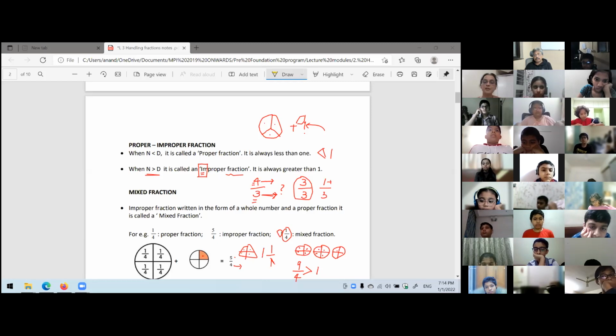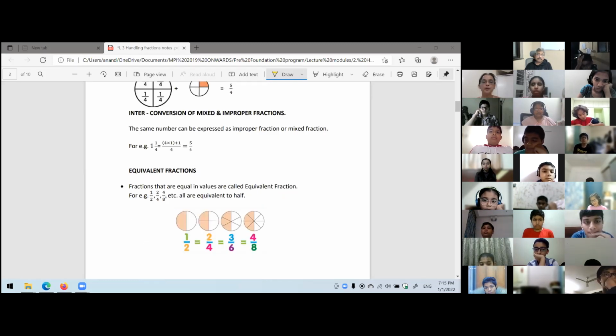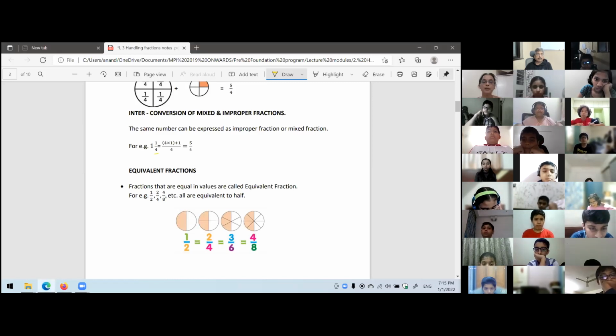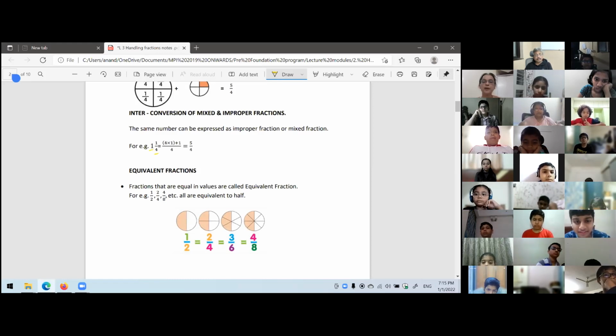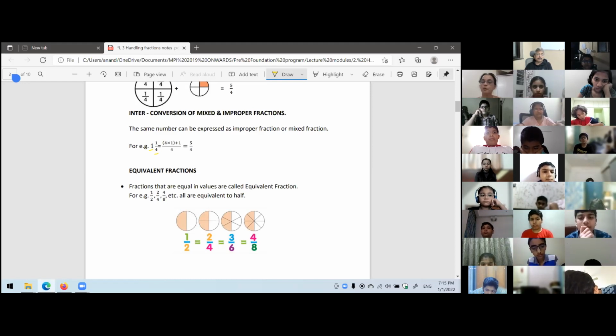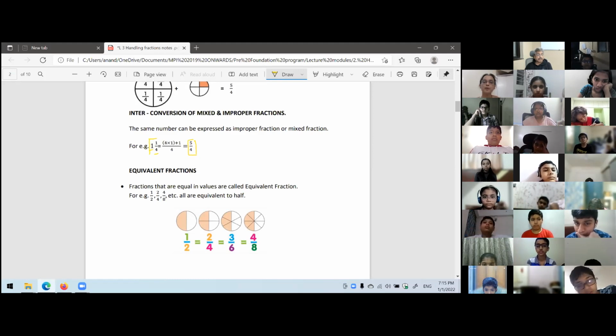So 1 integer 1 upon 4, if I want to convert it into improper fraction, what I will do, I will multiply the denominator by the whole number. 4 into 1 plus 1, that will be 5 upon 4. So this will be the improper form of it. This is the mixed form of it. The value of both is the same. Both the improper and the mixed fraction indicate the same value.